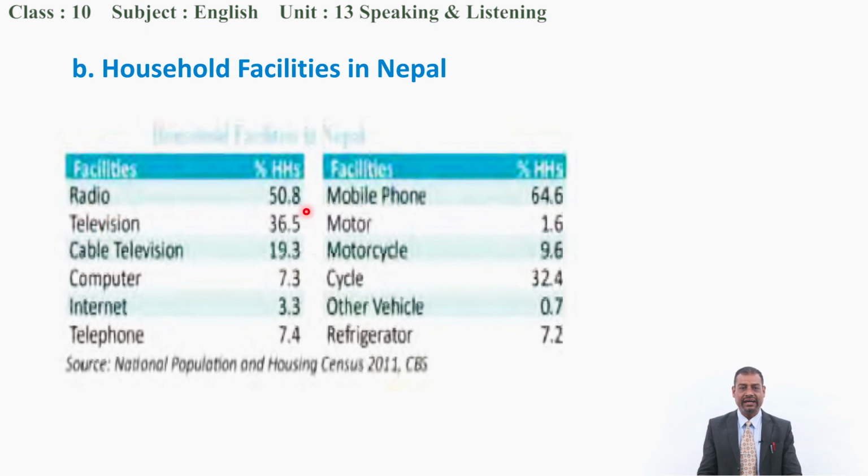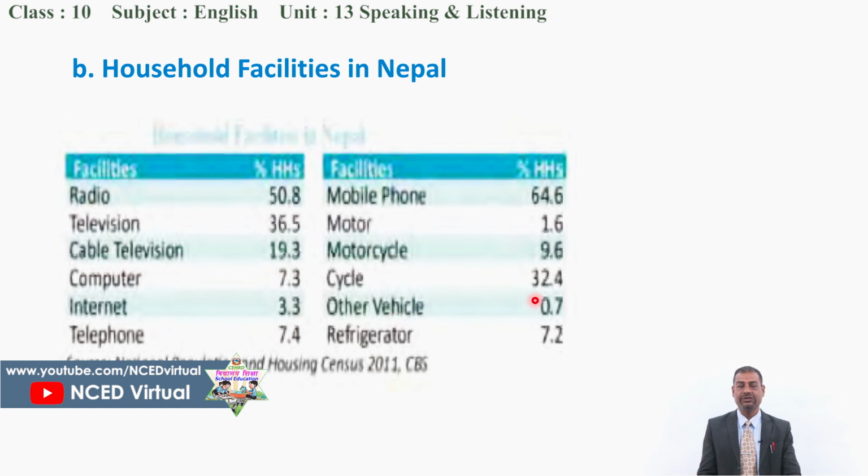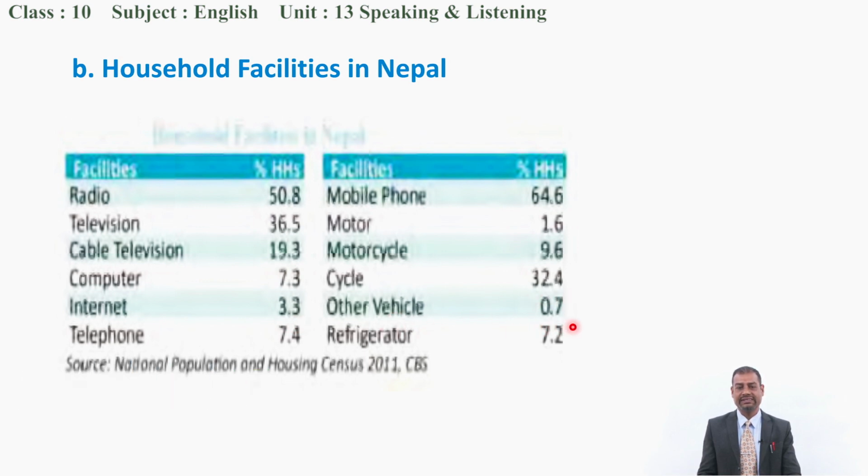Facilities: radio 50.8, television 36.5, cable television 19.3, computer 7.3, internet 3.3, telephone 7.4, and mobile phone 64.6, motor 1.6, motorcycle 9.6, cycle 32.4, other vehicle 0.7, refrigerator 7.2. And the source is the National Population and Housing Census 2011, CBS. This is what the table is about.